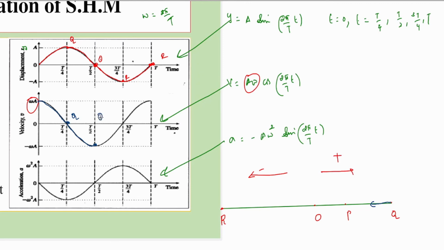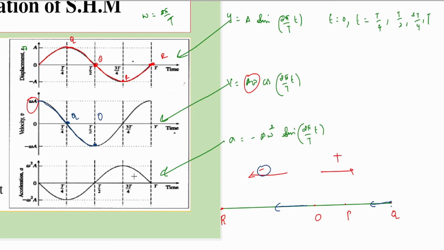When the particle goes away from point O, it is still negative only because the particle is moving in the negative direction. Here direction is very important, not the position. So it is negative going from point O to point R.